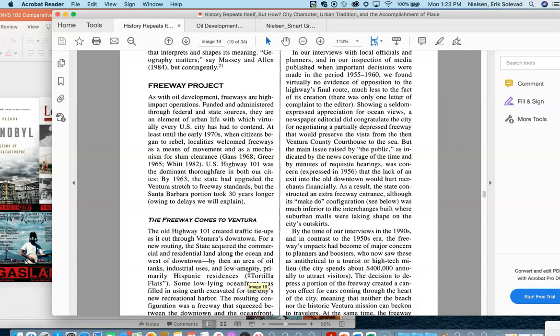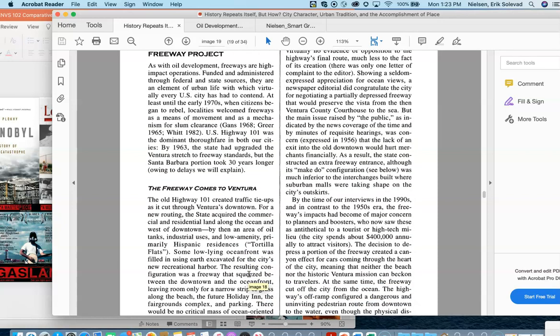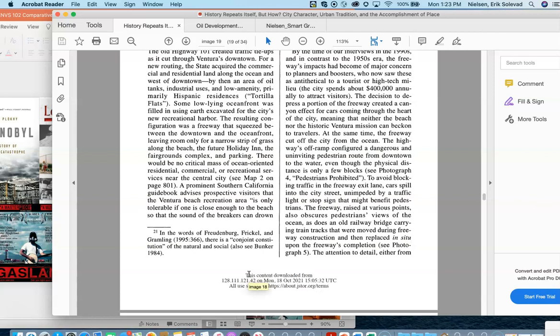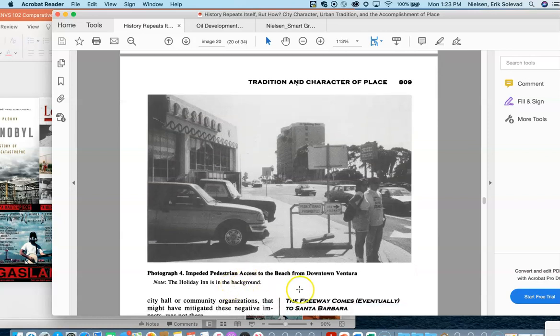And so they looked at letters to the editor in Ventura, and in Ventura you had only one letter to the editor, whereas in Santa Barbara there were like 100 letters regarding the placement of the 101. So big difference between two places that geographically aren't too far apart.